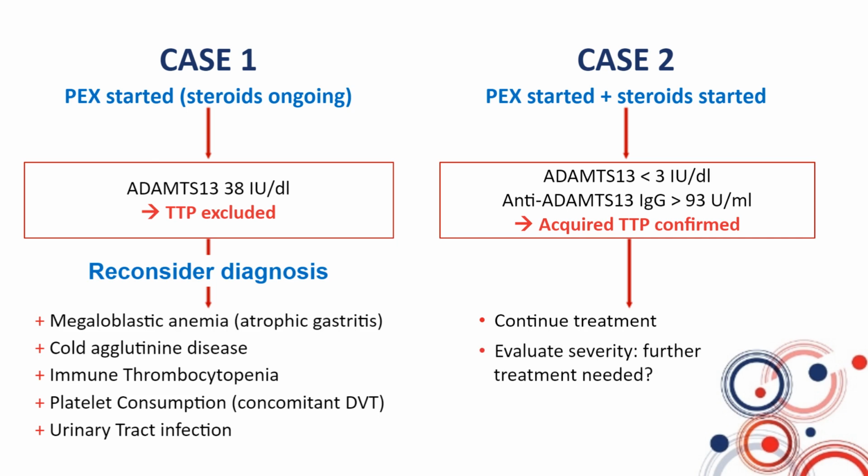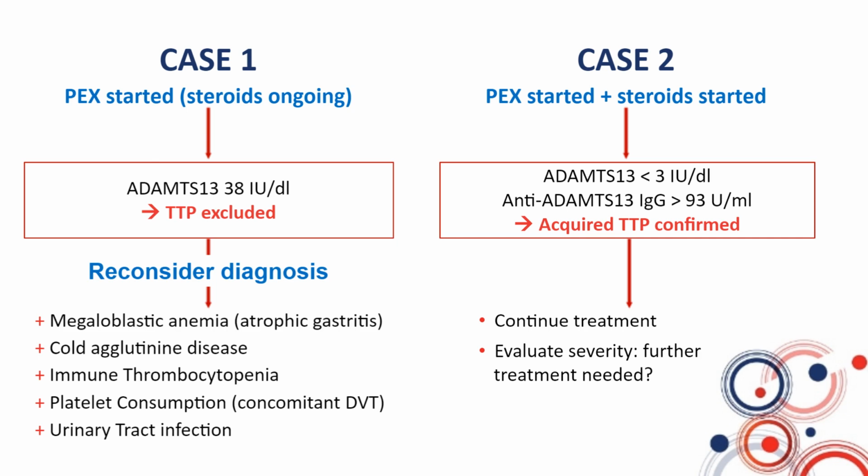Of course, it's very important that you start the triplet of treatment, PEX, immunosuppressive, and caplacizumab, because you are shortening the time of thrombi formation in the vessel and neurological, renal, or cardiac damage.